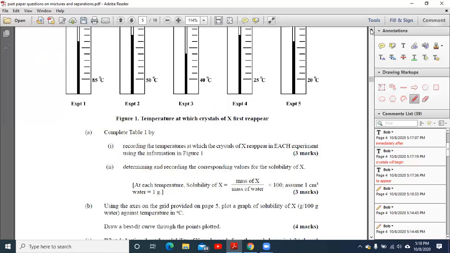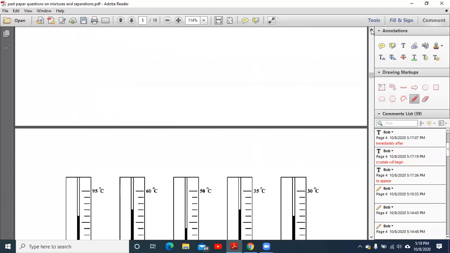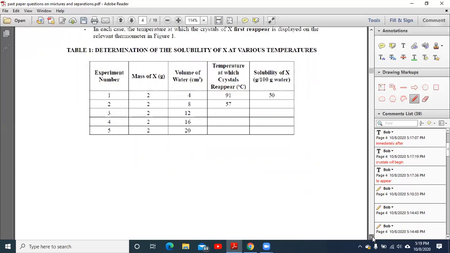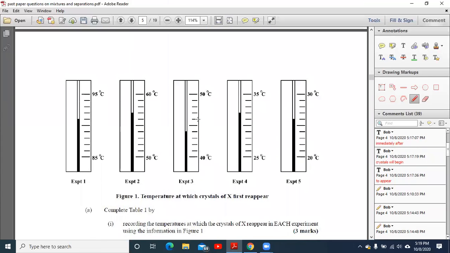So let's do the first part, completing the table by putting in the temperatures. They give you two temperatures, and you are to get the following three for experiments 3, 4, and 5. So let's use the figure and read off the temperature values for experiments 3, 4, and 5.